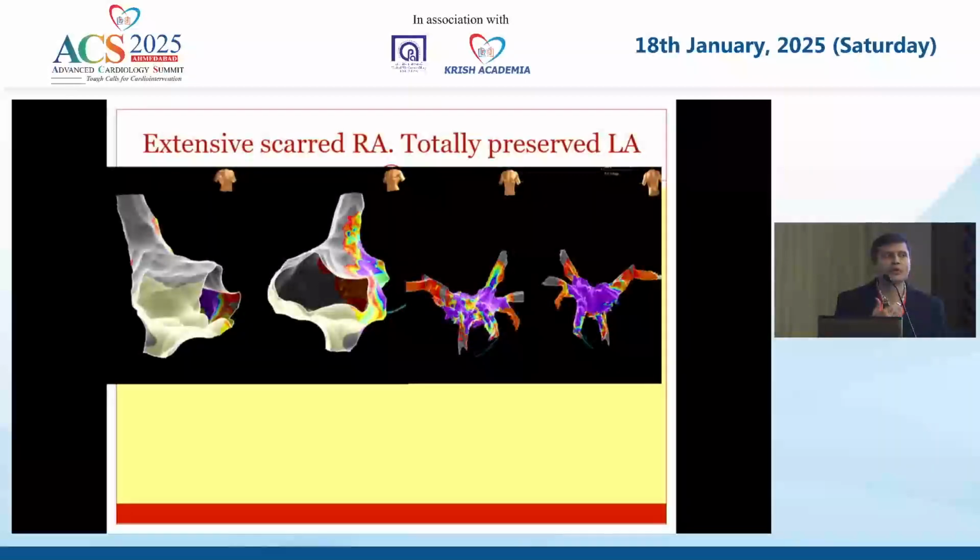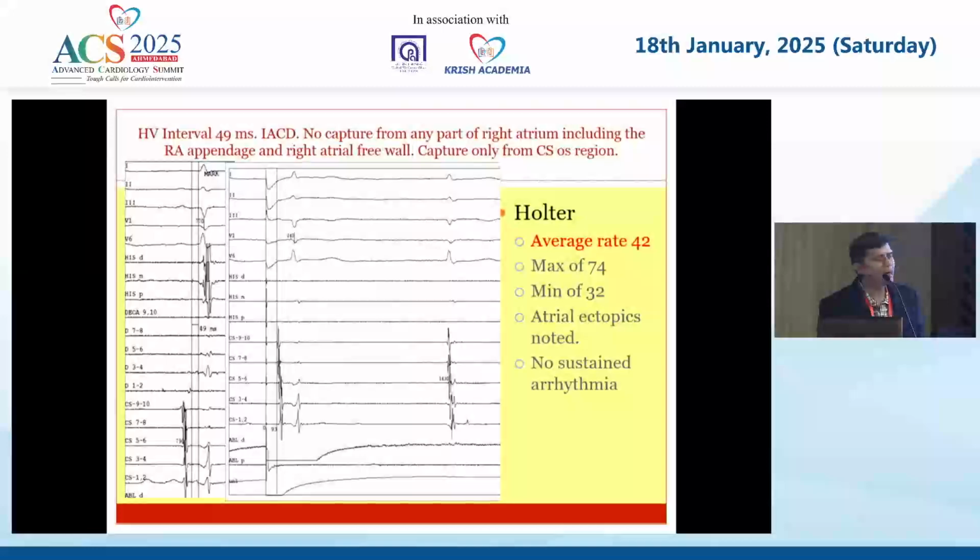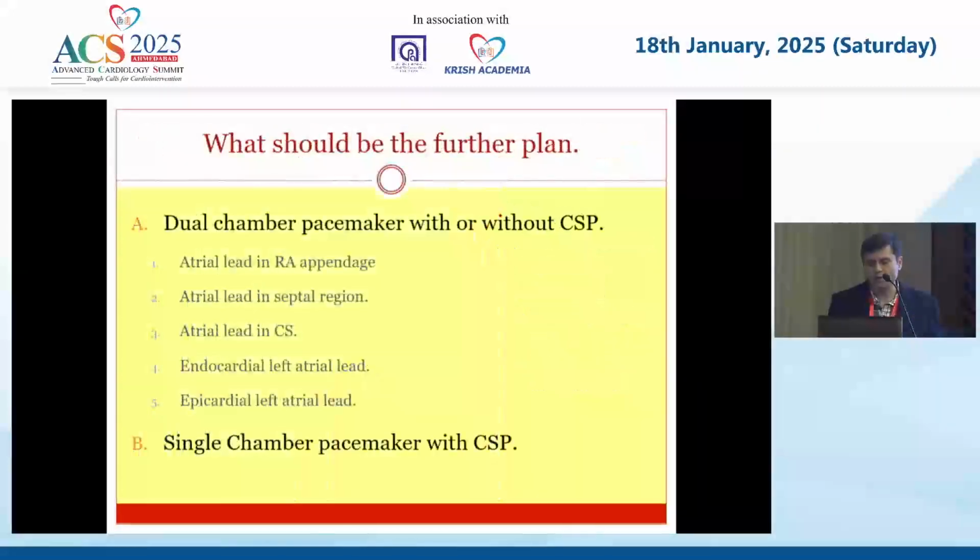So suppose if I would have done a pacemaker, it would not be pacing the right atrial appendage at all because there is no signal in that area. There would be no pacing at all in the atrium, and I would have ended up doing a ventricular pacing in this patient. So there is no capture at all in EP study, and the average heart rate post ablation was around 42 only.